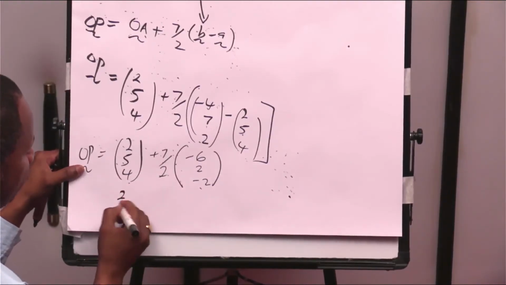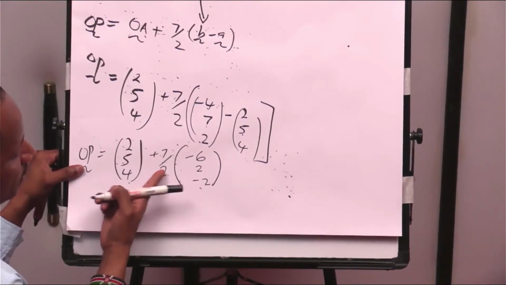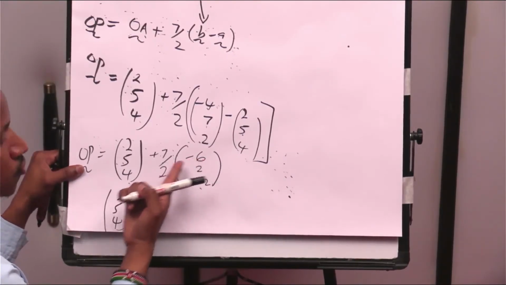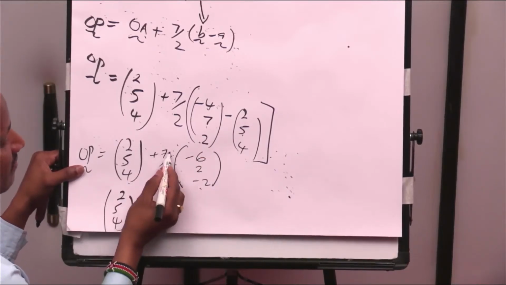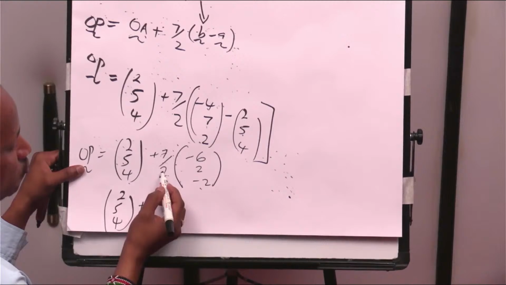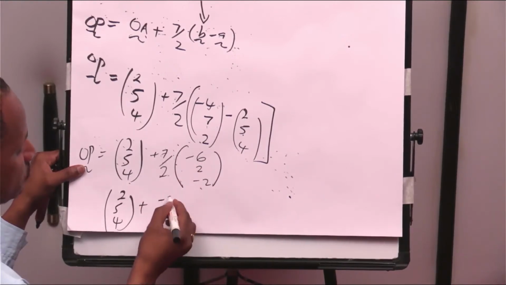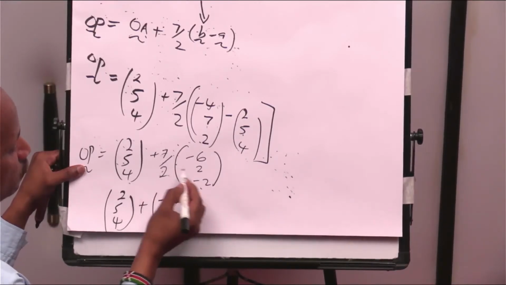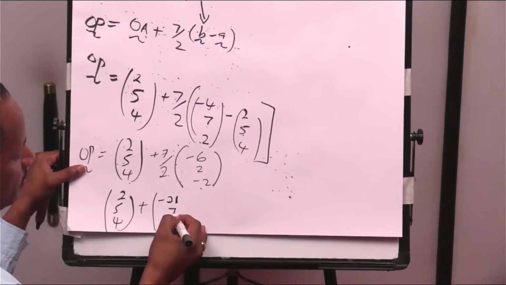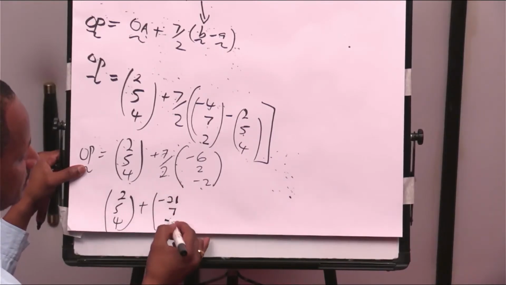It becomes 2, 5, 4 plus, multiply 7 over 2 times minus 6. 2 goes here once, 2 goes here minus 3. Minus 3 times 7 is minus 21. Then 7 over 2 times 2 is 7. Then 7 over 2 times minus 2 is minus 7.